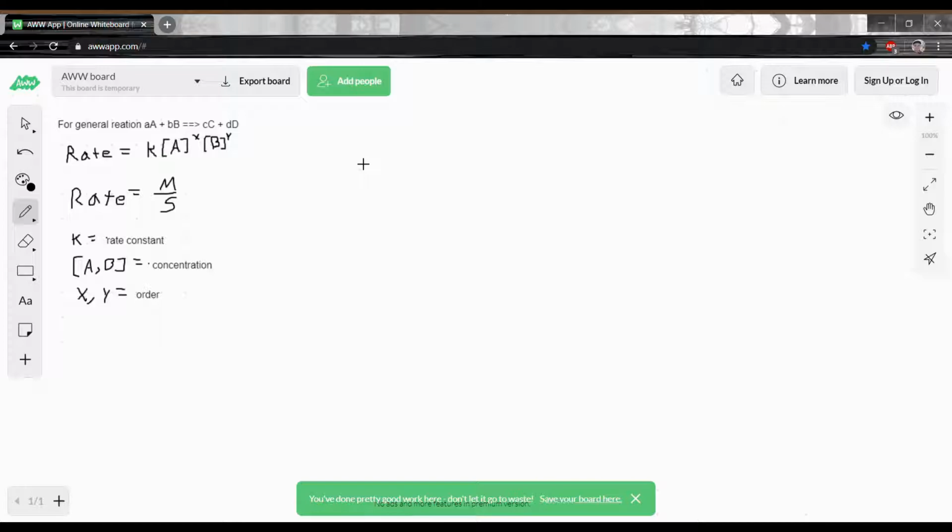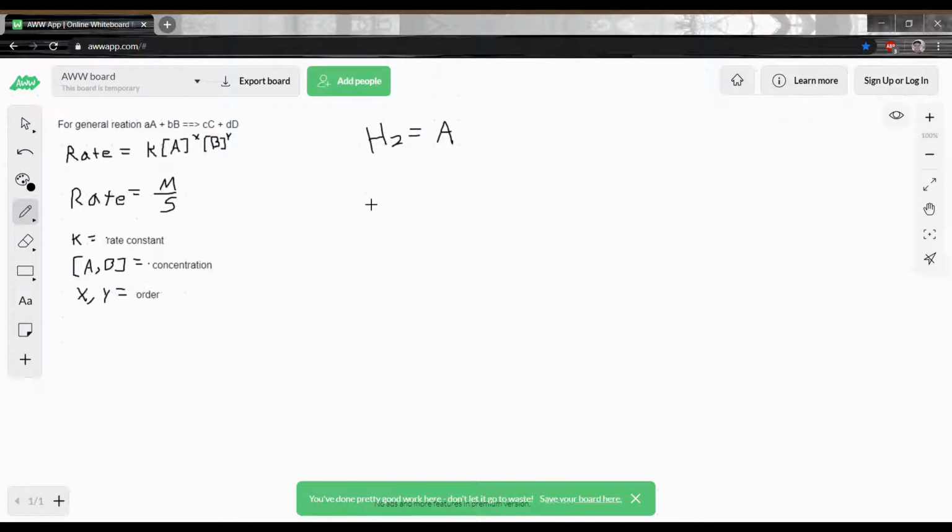Quickly, let's go ahead and establish that our H2 is the A. So everything relating to the A, such as the concentration A and exponent x, is related to the H2.